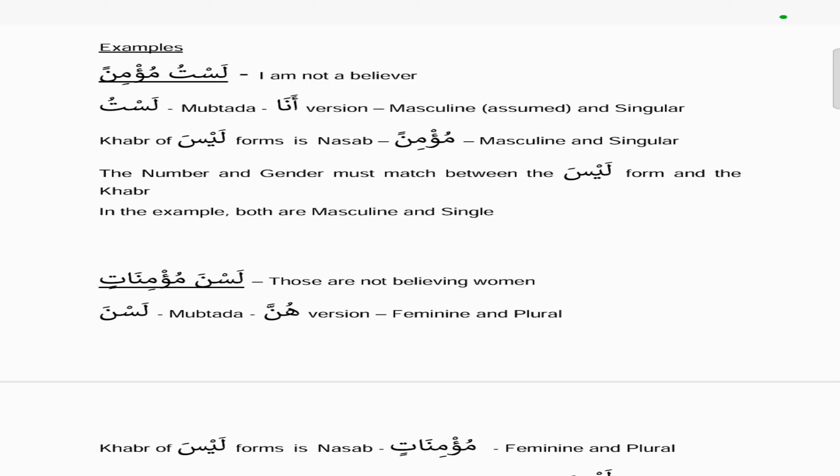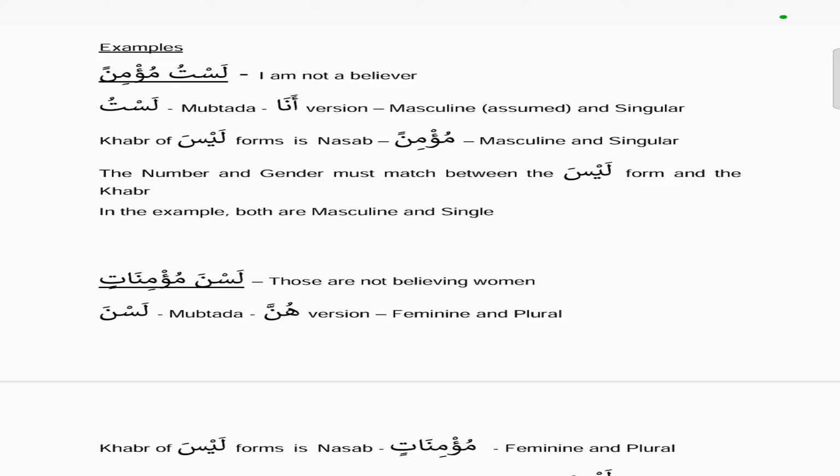And the khabar of laysa is always nasab, because it's one of the irregular verbs or incomplete verbs, fi'l naqis. So therefore it's mu'minan, and that's also masculine and singular. So they both match. The number and gender must match between the laysa form and the khabar.